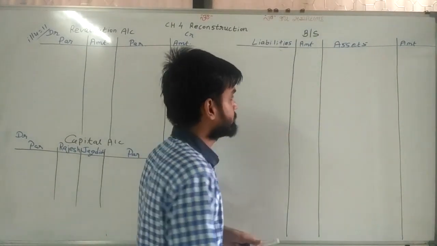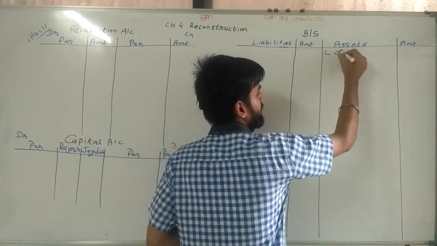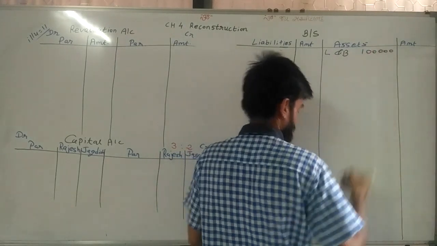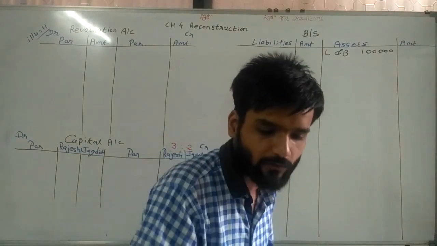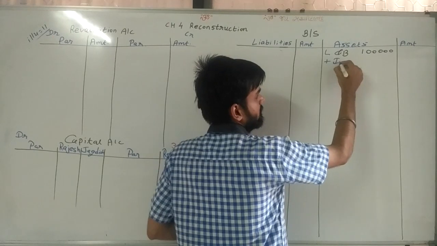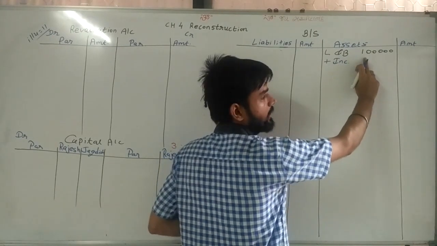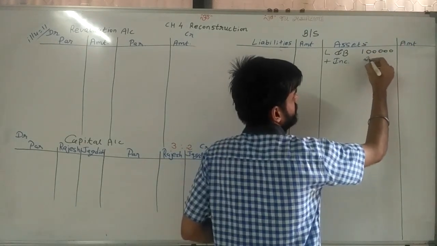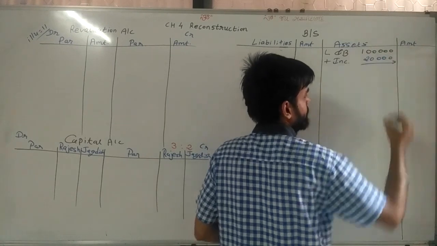So first of all, I am writing here land and building 1 lakh rupees. Now we need to increase the value by 20%. So first of all, find the increase, 20% of 1 lakh. Now 1 lakh into 20% is 20,000 rupees.